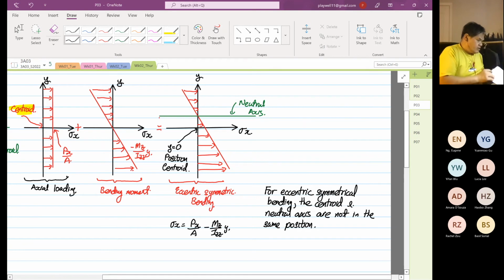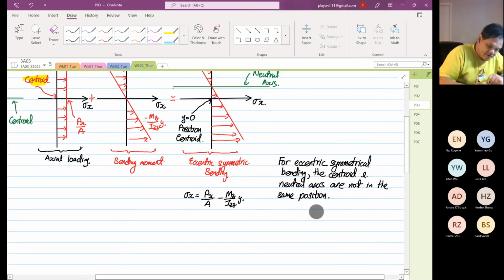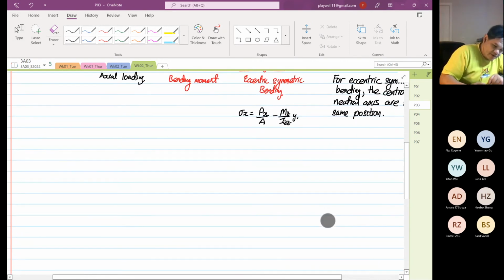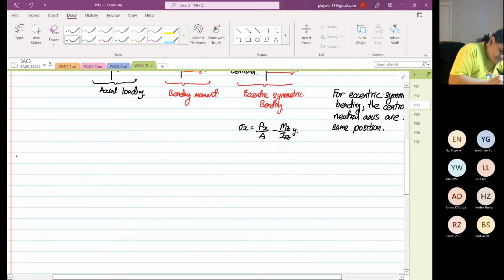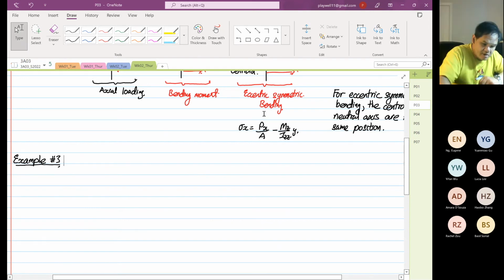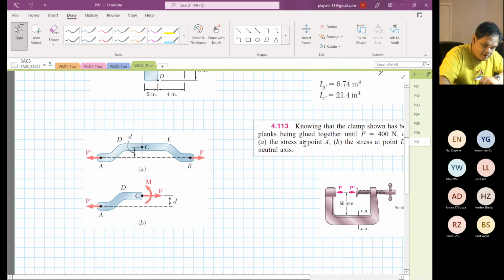Okay, now let's look at another example. Okay, let's look at another example. So this is our example number 3. Okay, let's look at example number 3. So as I said, the example I can find on Avenue.